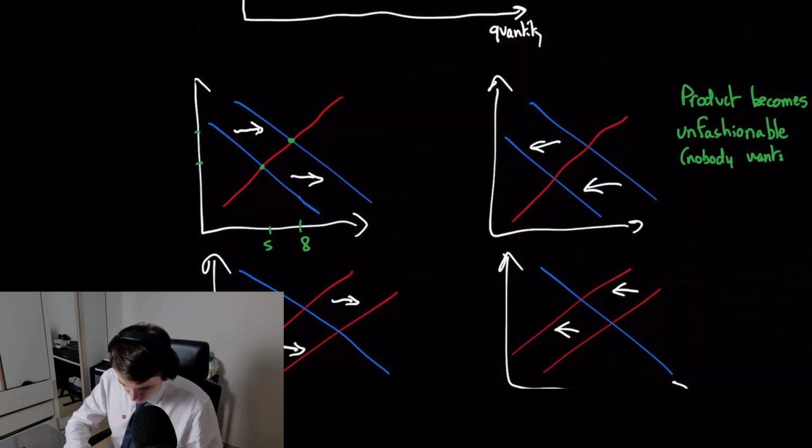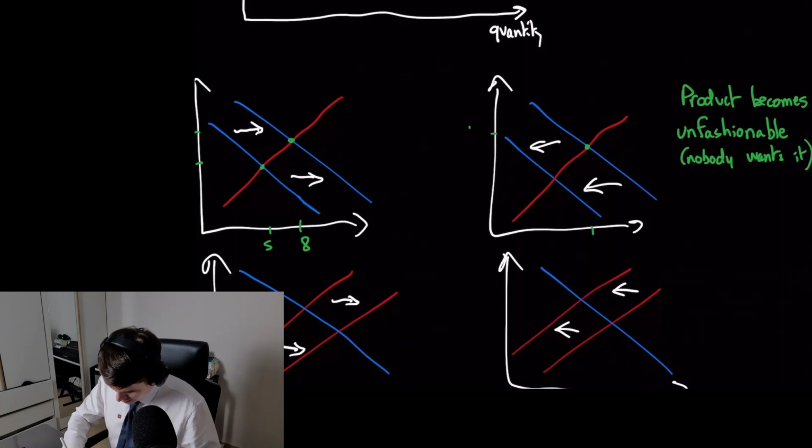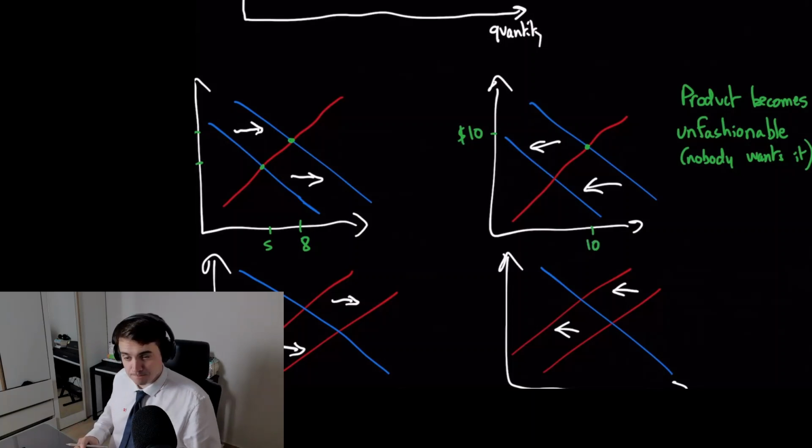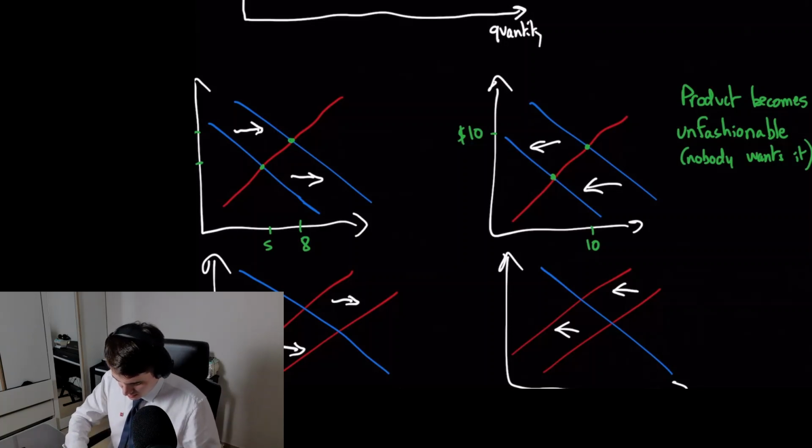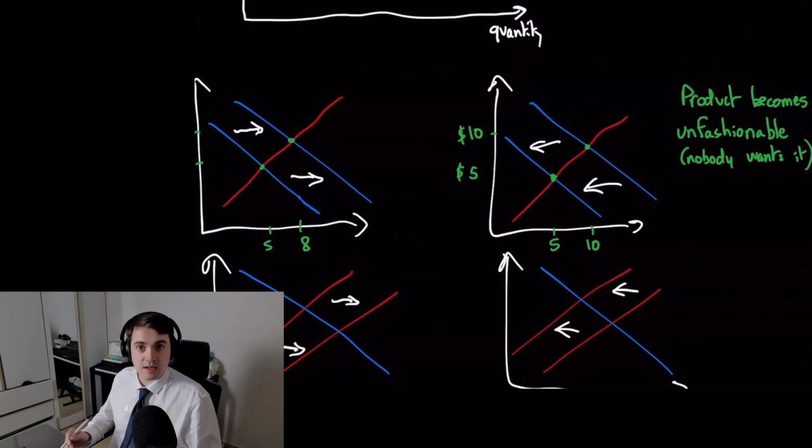Let me clarify. So the equilibrium price before was here. So it was worth $10 for 10 quantities. Nobody wants it anymore. It's discounted down to $5, and so therefore producers don't really make it anymore. Both quantity and price have gone down.